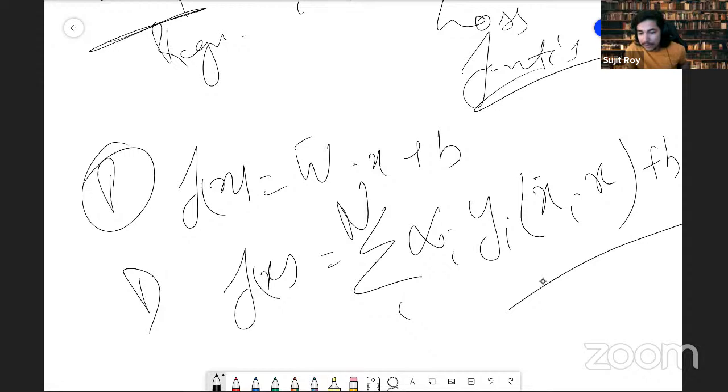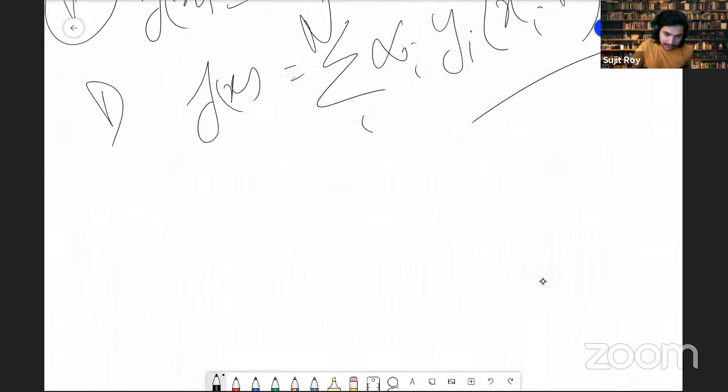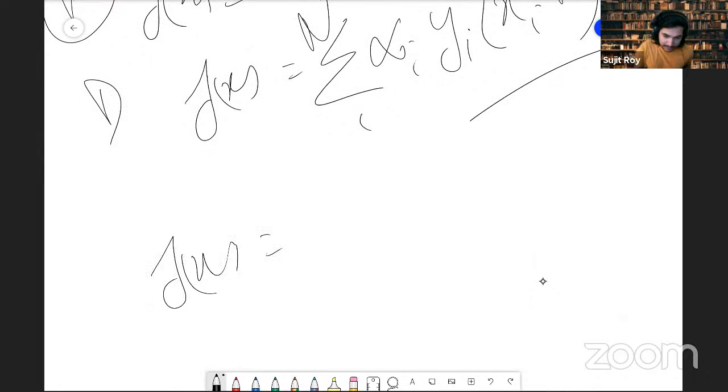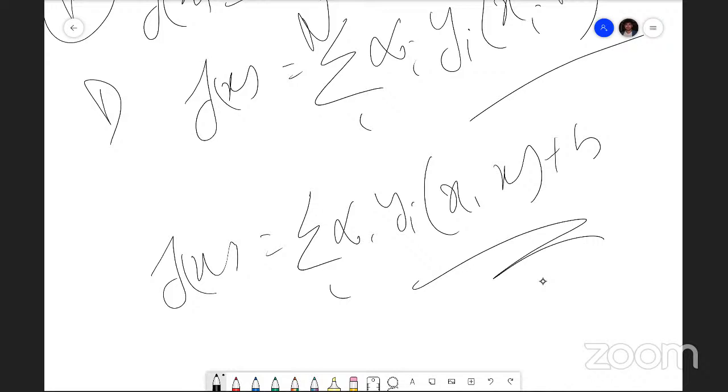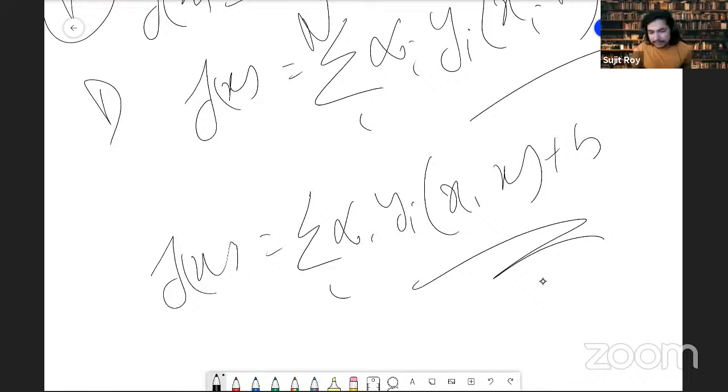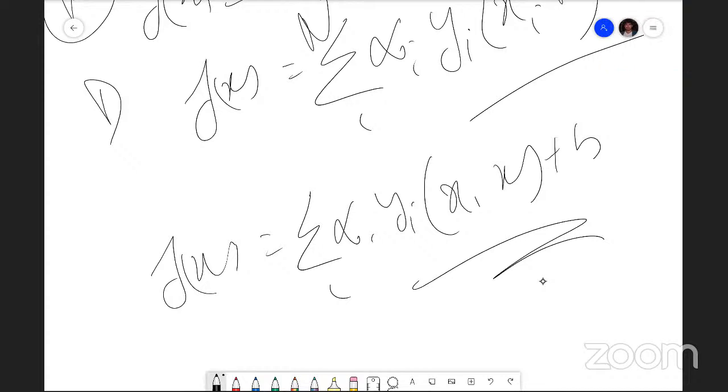When you go for the formulation, you will be left with the summation, which we have already done: alpha i, yi, xi, x plus b. When you work with fluid dynamics, there's a strong form of the equation and then a weaker form. The primal may or may not give you a solution, but the dual is going to give you one.